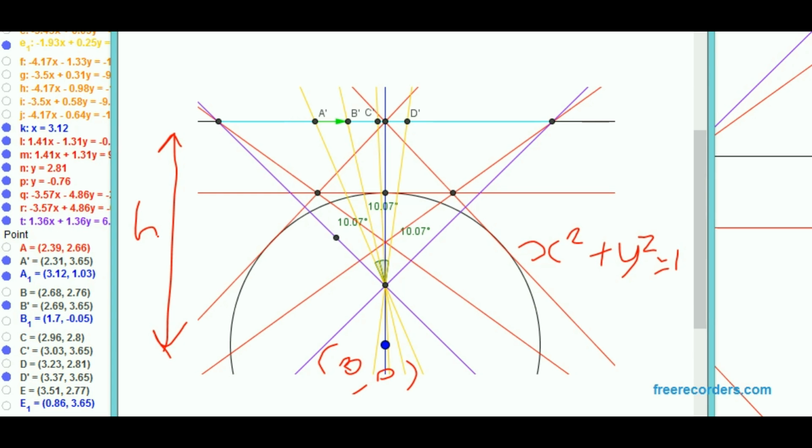So then this line right here has the equation y equals h.